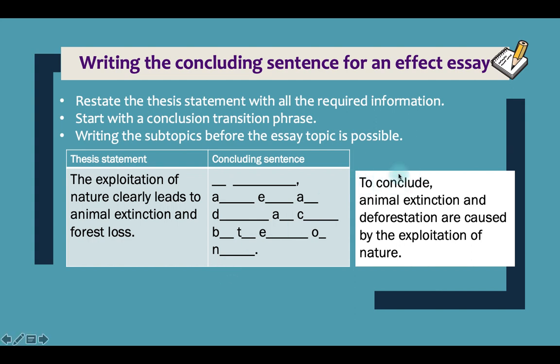I used to conclude, but you could say in summary, in conclusion, to summarize, anything like that. Animal extinction and deforestation are caused by, there's our passive form of the verb, the exploitation of nature. So we've taken the thesis statement and we've turned it around a little bit.